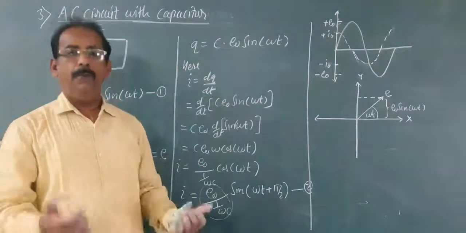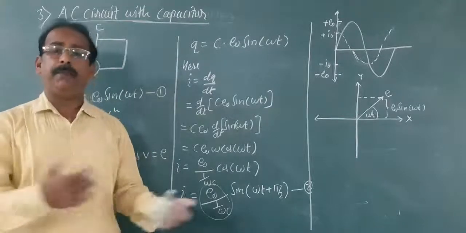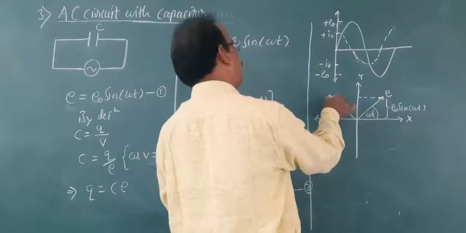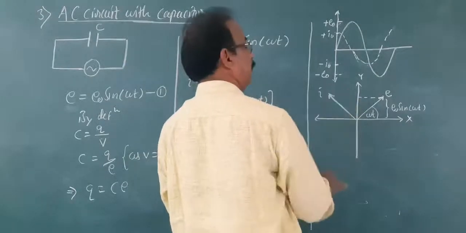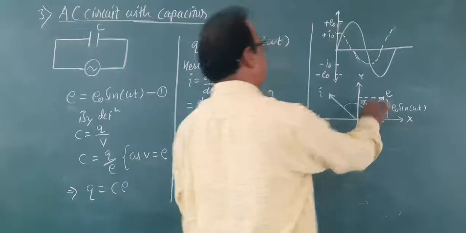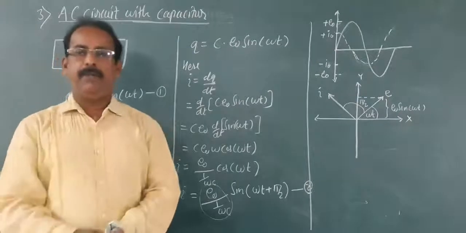Now, how will the phasor for current be? Current is ahead of EMF by pi by 2. It means you have to draw the phasor for current in this quadrant. The angle between these two is pi by 2. It is ahead of EMF by pi by 2.